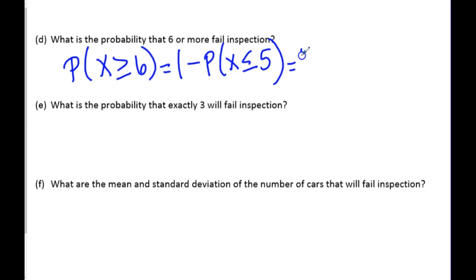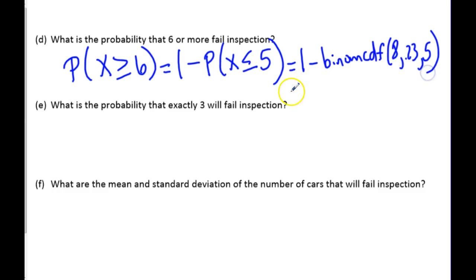This will be the same as 1 minus binomCDF of 8, 0.23, 5, and my answer will end up being 0.0027.